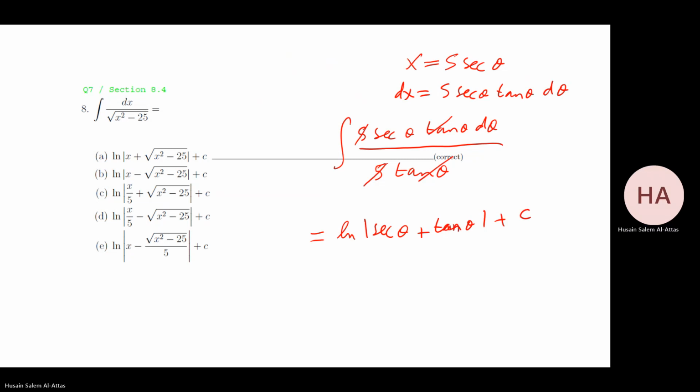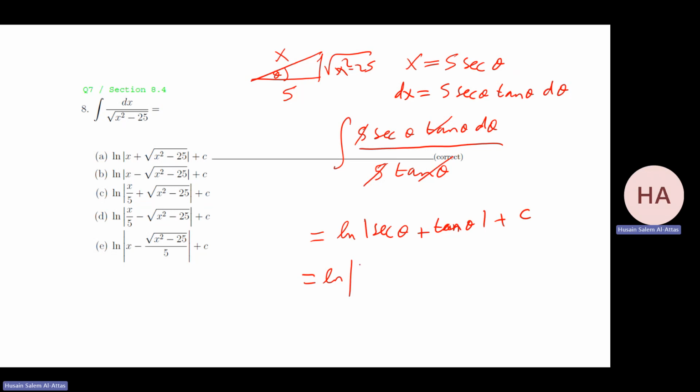Now I do the triangle. This is theta. x will be the hypotenuse. This is the adjacent, and this is square root of x squared minus 25. What I want is secant theta.